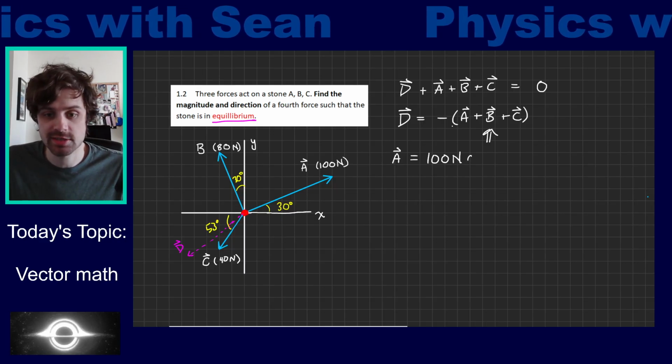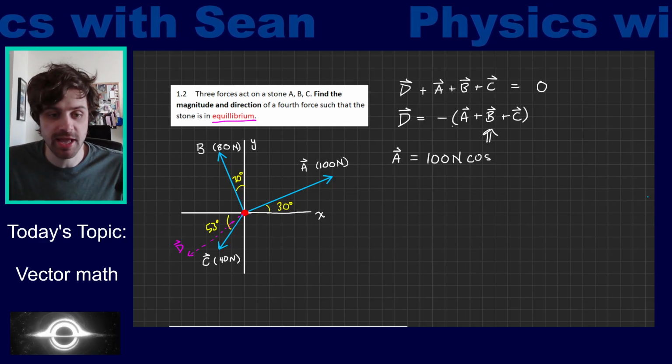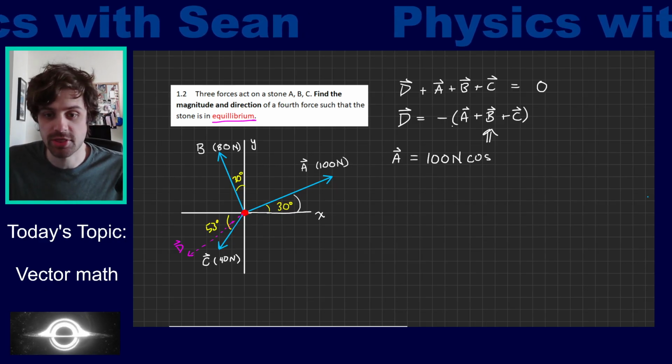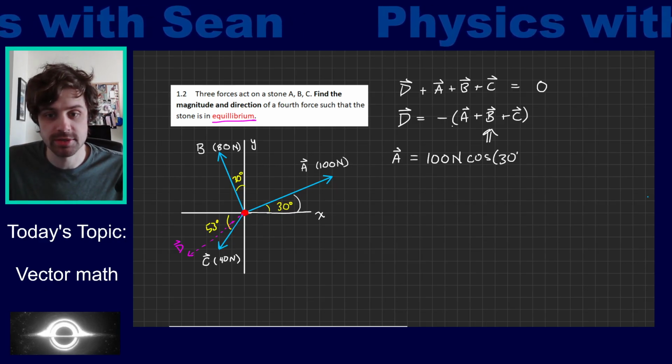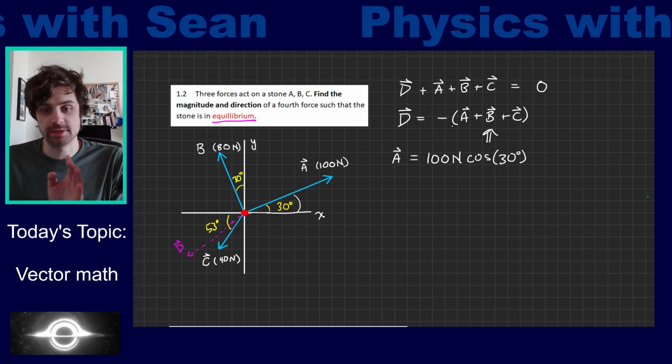In this case, that's cosine of the angle they give us here, 30 degrees. So cosine of 30 degrees isolates that horizontal component.